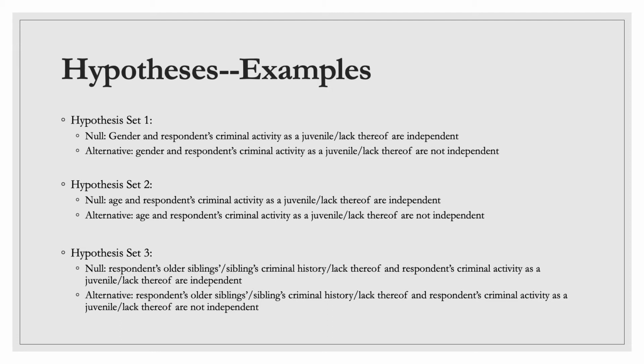And you could also phrase that alternative as having an older sibling or siblings with a criminal history or not having a criminal history, and the respondent's criminal activity are not independent of each other.